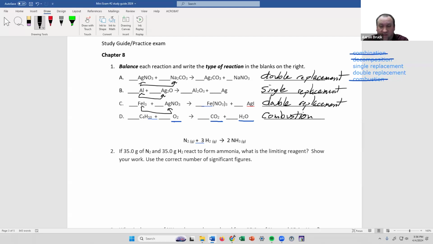So we can identify replacement reactions based upon that. We can see things switching. But more importantly, we can identify single versus double by looking at how many compounds there are. So we've done the second task there.